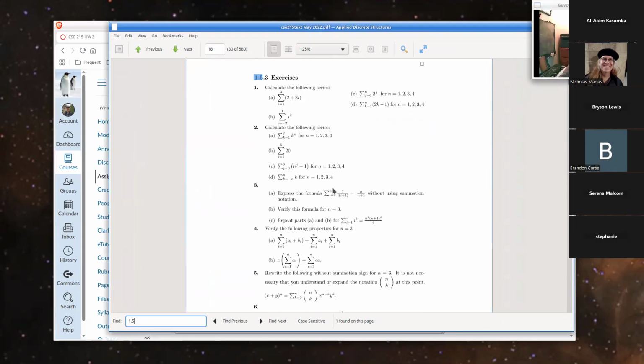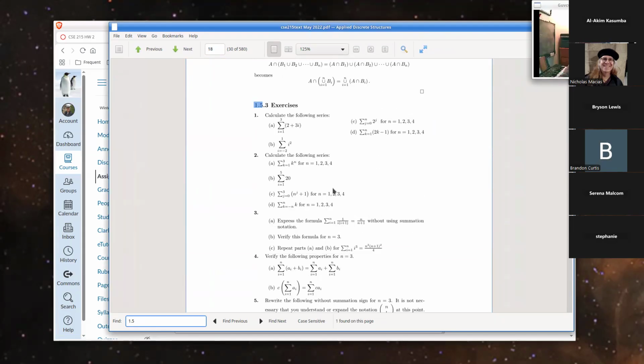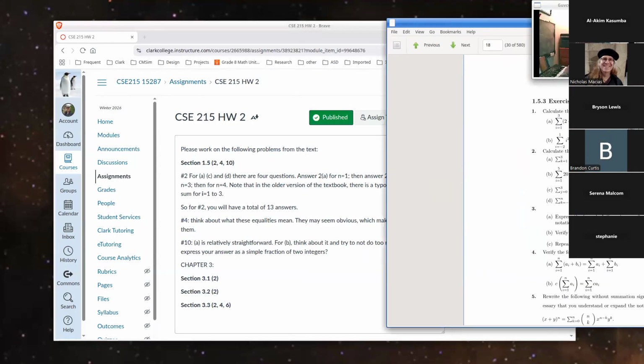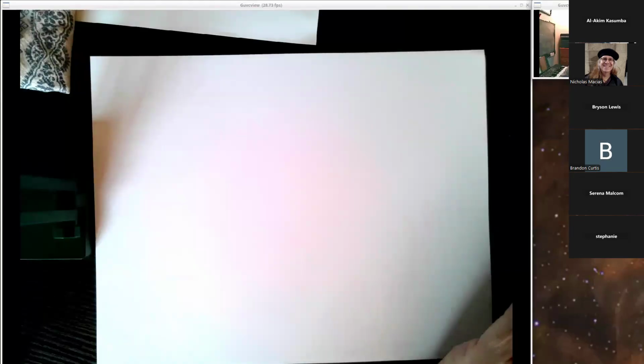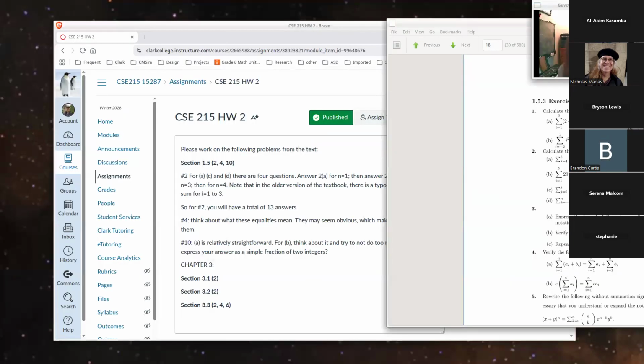Just some questions on this business of summation and notations for summation. Let me freeze my chat window. All right, so questions 2, 4, and 10.